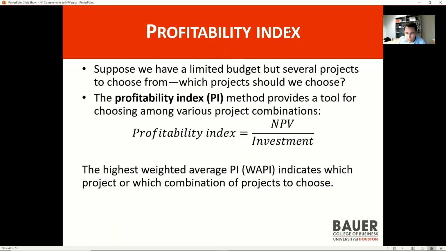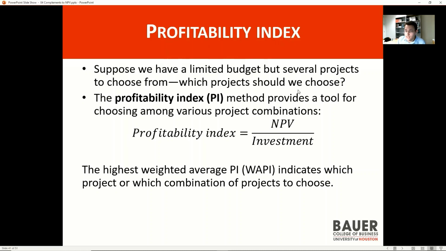The last measure I want to talk about is called the profitability index. So the profitability index is also going to be based on NPV, just like IRR was building off of NPV. The idea with the profitability index, though, is that you only have a limited budget. Remember, with the NPV rule, you take as many projects as you can, as long as they're positive NPV.